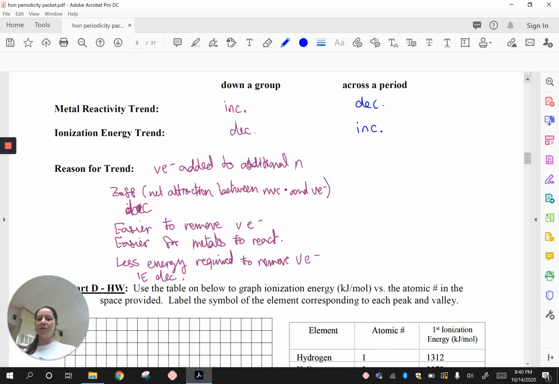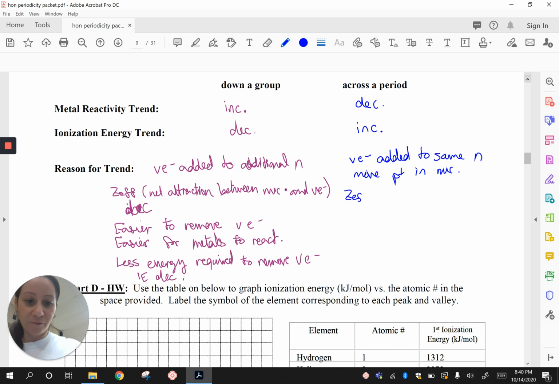First thing for your reason to think through is, where are my extra electrons being added? Well, my valence electrons are being added as I go across to the same energy level. So not much extra repulsion happening, right? But at the same time, I have more protons in the nucleus. And so that causes a stronger net attraction between the nucleus and the electrons.